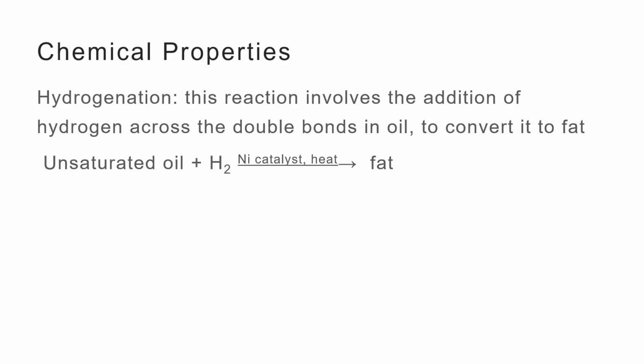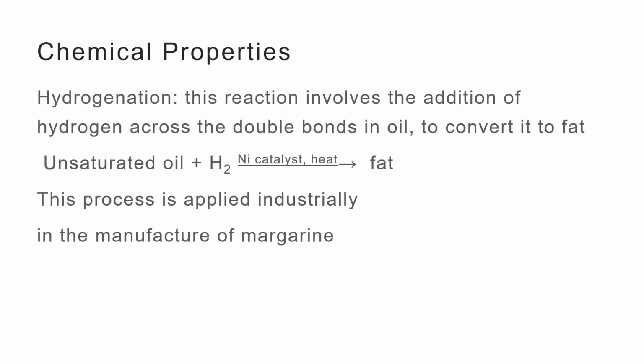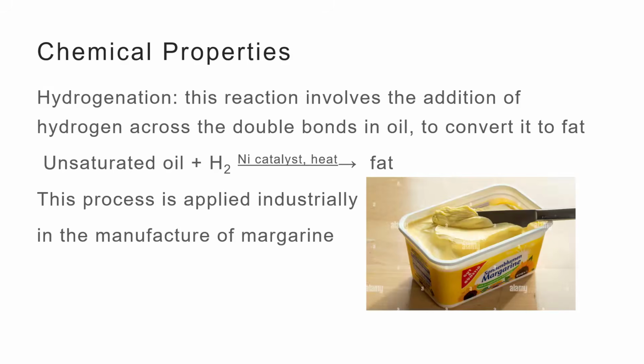And this process that I've just described is the process involved in the manufacture of margarine. This is what is applied in the manufacture of margarine. Margarine is hydrogenated vegetable oil.